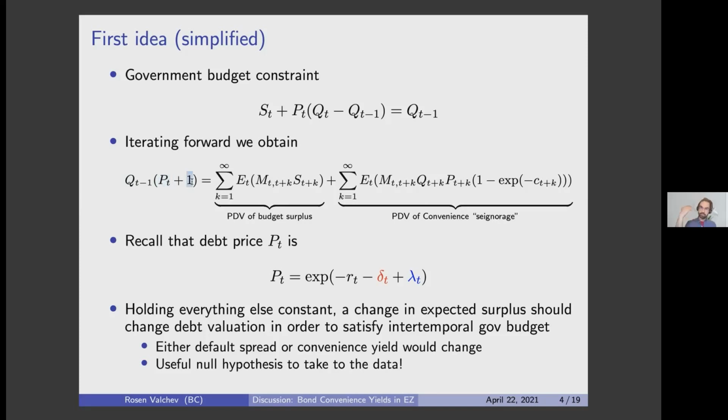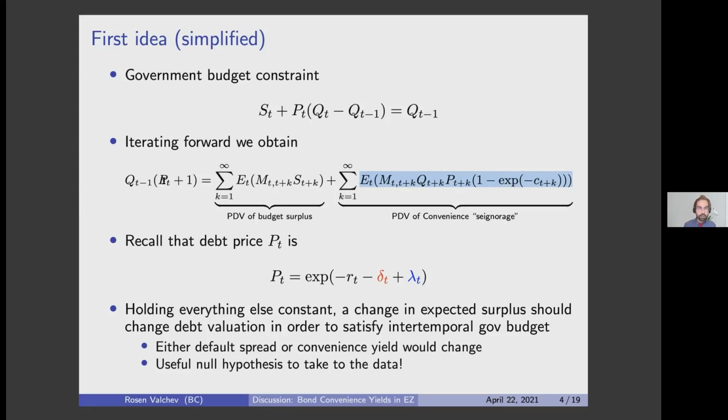So the market value of your fiscal liabilities must equal the expected present discounted value of budget surpluses, and also this additional convenience yield seigniorage. There's some convenience yield seigniorage that sneaks into this equation, because essentially the government is allowed to issue these bonds, as long as C is positive, at a premium, at a lower interest rate than otherwise.